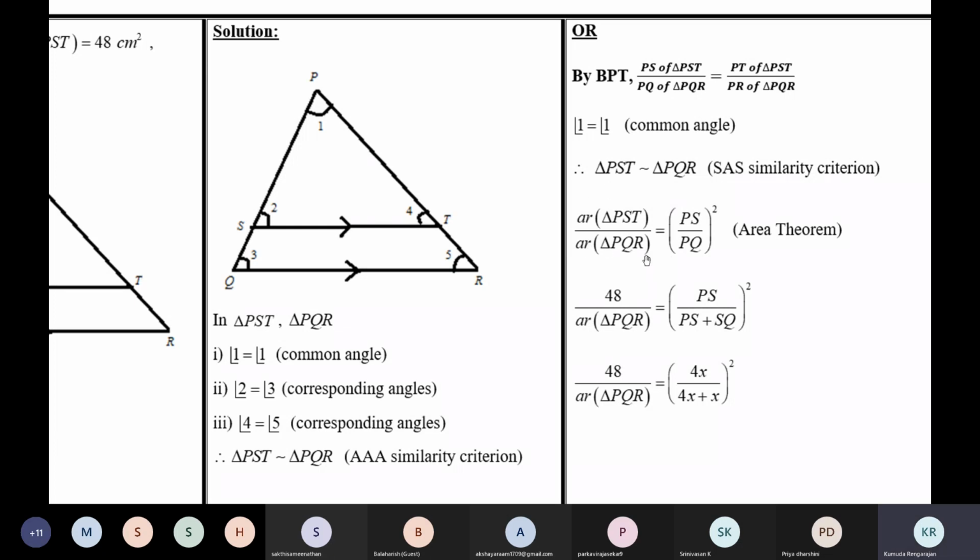So this is what we get using the area theorem. Area of one triangle by the area of the other triangle is equal to the square of the ratio of their corresponding sides. PS by PQ the whole square. Area of PST is given, 48. This one we don't know, so let's write PQR as it is. PS by PQ is 4 by 5.